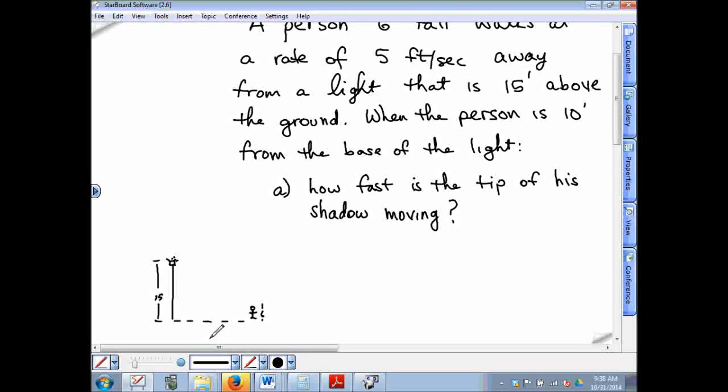So we know how fast he's walking, 5 feet per second. So when he's 10 feet away, he's walked for 2 seconds. When the person's 10 feet from the base of the light, how fast is the tip of the shadow moving?